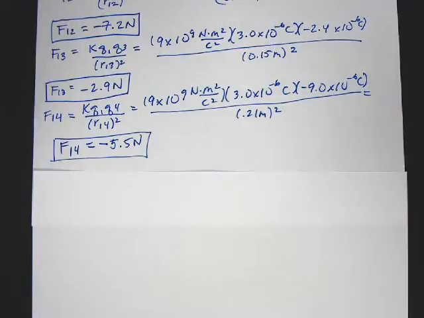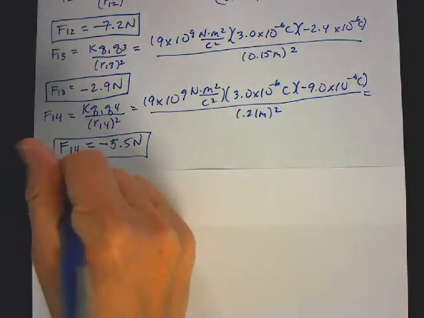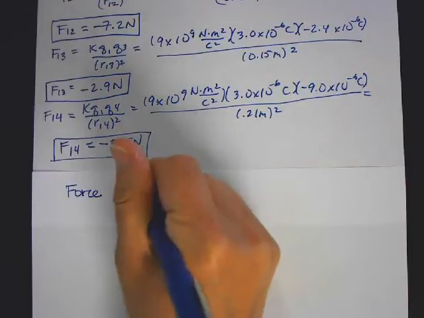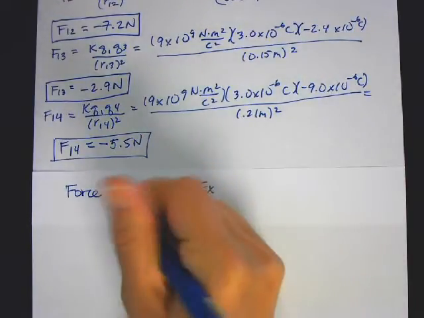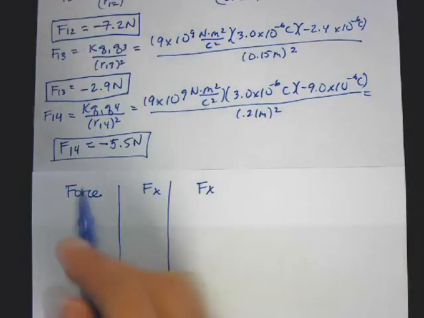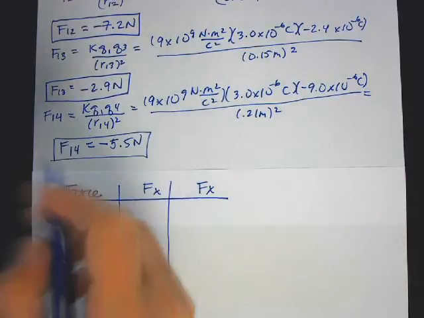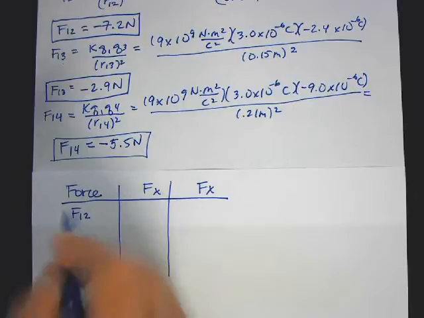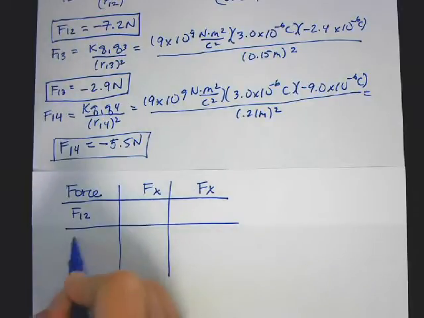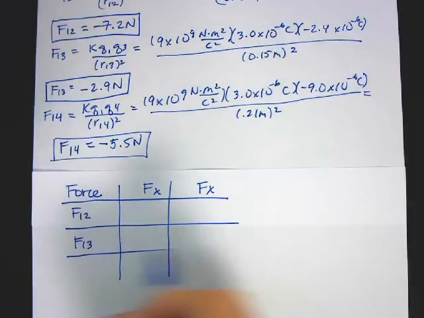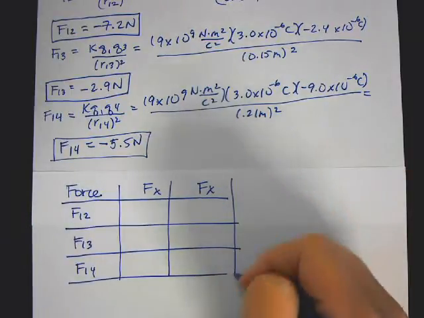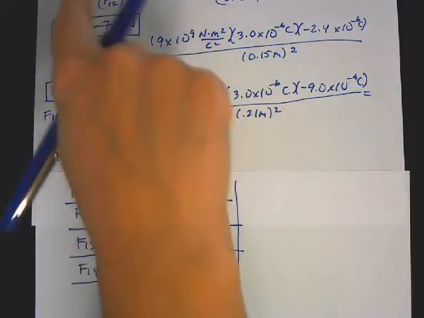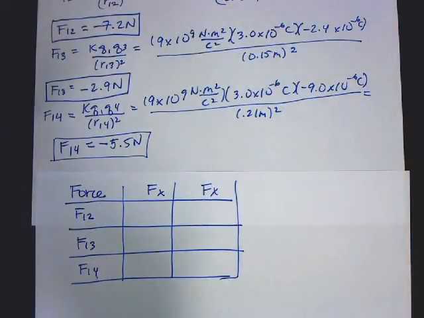If you do it this way, it just makes it a little bit neater. So I'm going to have F12, F13, and F14. Now, if you go back and remember what they looked like, F12 went like this. It's all horizontal. It has no vertical component.